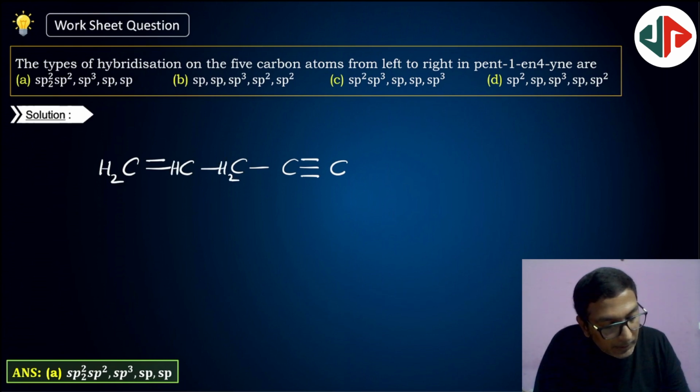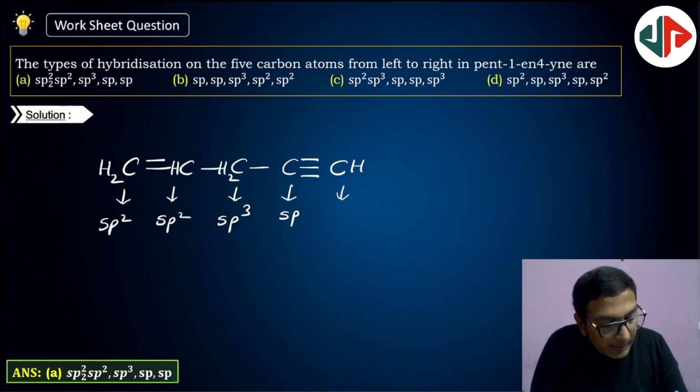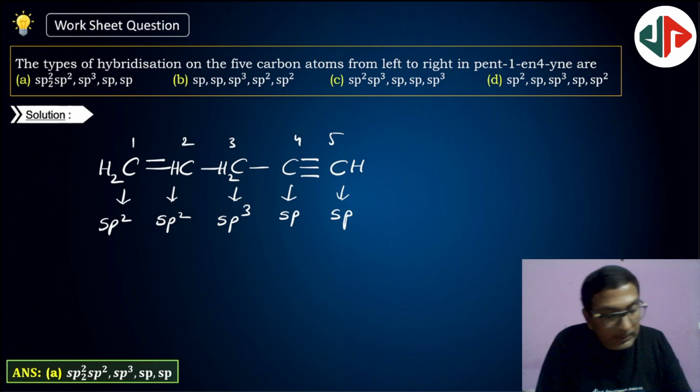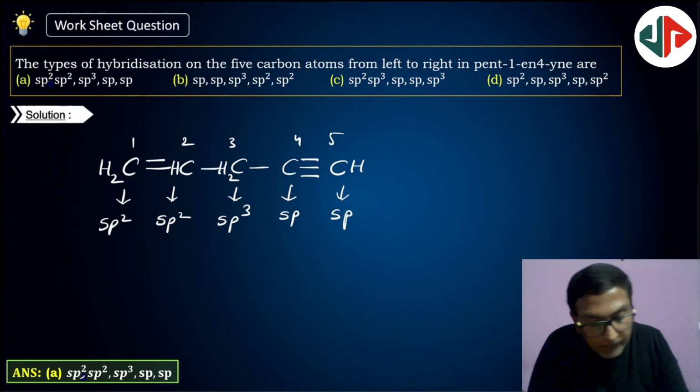A carbon with a double bond is sp2, carbons with all single bonds are sp3, and triple bond carbons are sp. So the order is sp2, sp2, sp3, sp, sp. Option A.